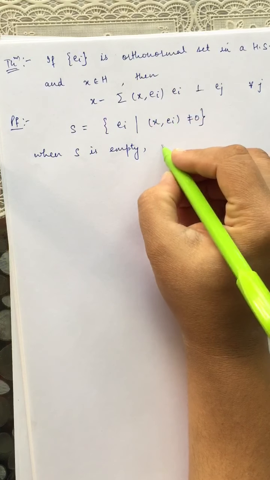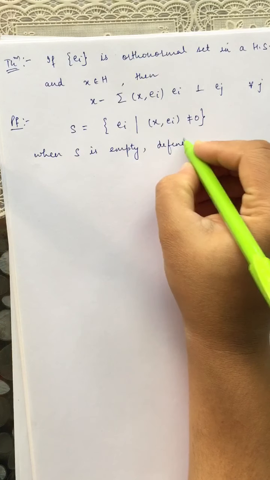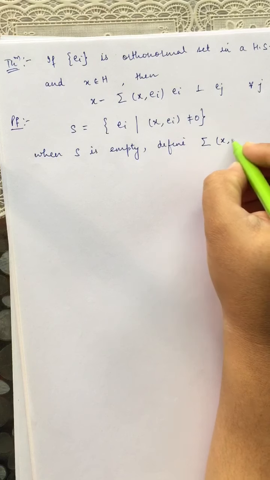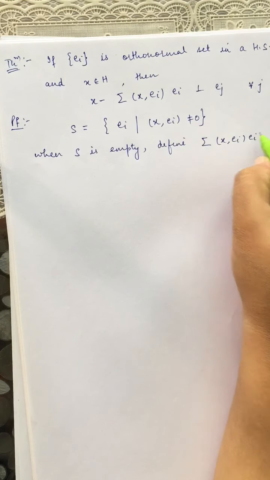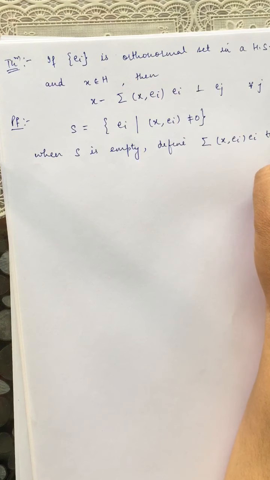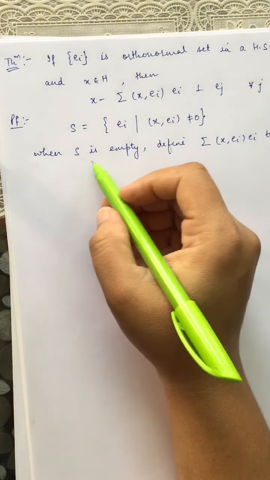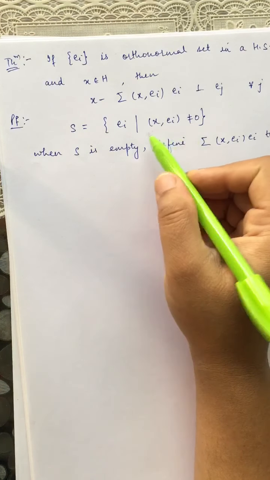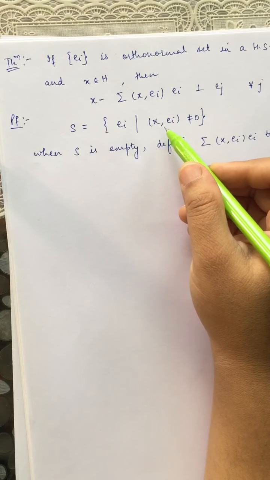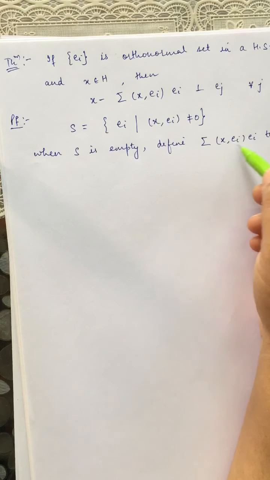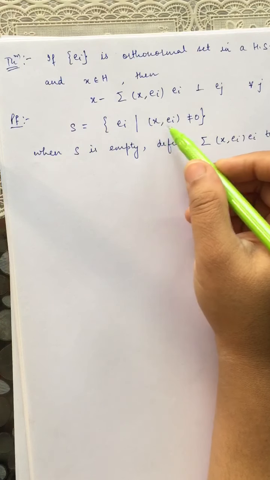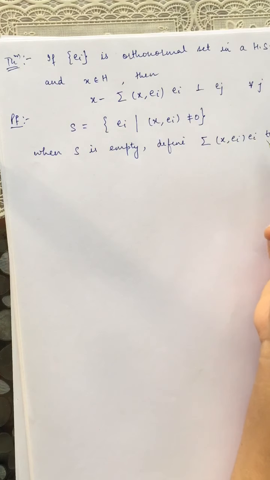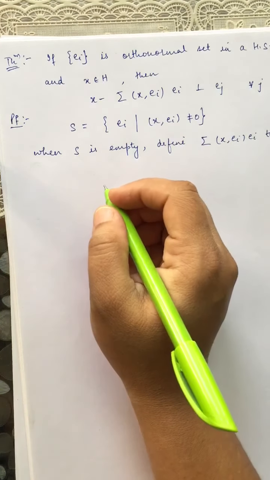we define this summation of (x, e_i) e_i to be vector 0, because S is empty, so there is no vector for which this is non-zero. That means for every vector this thing is 0. So for every vector, if this inner product is 0, that means this sum we can define only to be 0.